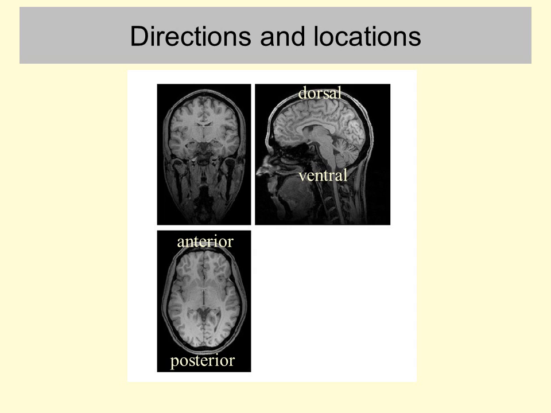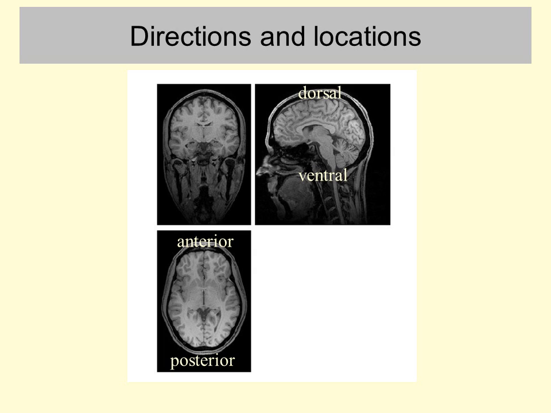And these can be used both as locations, such as the dorsal part of the visual system, which is up here, compared to the ventral part of the visual system, which is down here. And they can also be used as relative locations. So you can say that brain area A is dorsal to brain area B. And of course the fact that it's dorsal to brain area B, it may itself be ventral to another brain area.